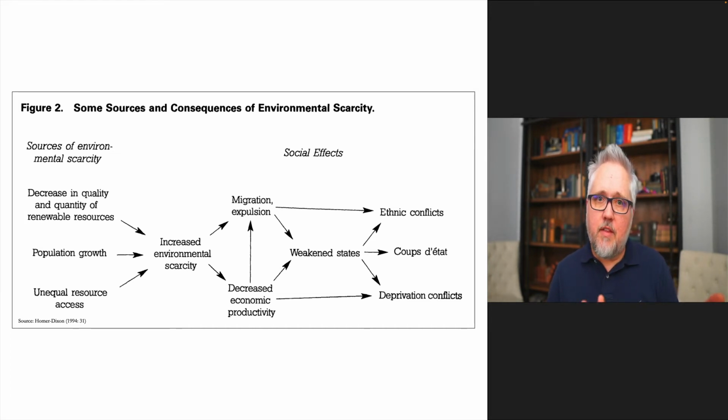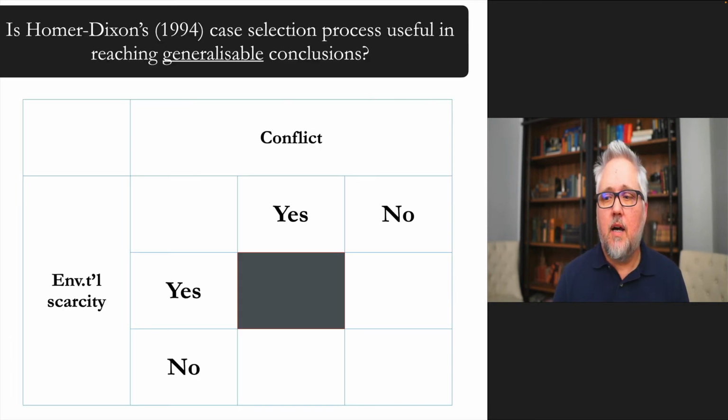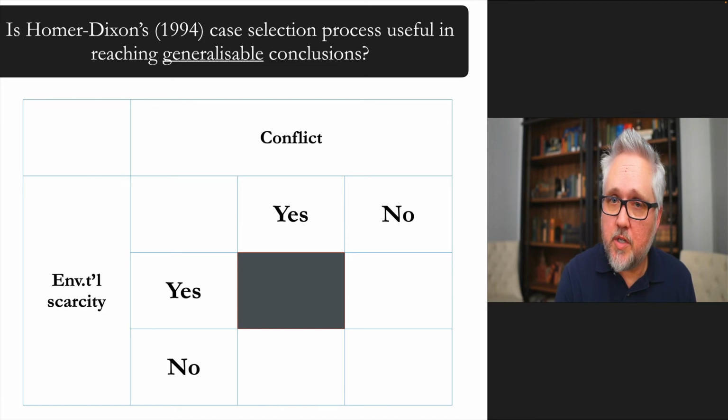But rather than focus on that more specifically right now, I want to focus on how his case selection process was useful in trying to explain specific cases and derive really interesting theoretical models from them, but then also to get you to start to think about, for your own papers as well, what kind of connections you want to draw between these general theories of political conflict or resource conflict and specific cases.